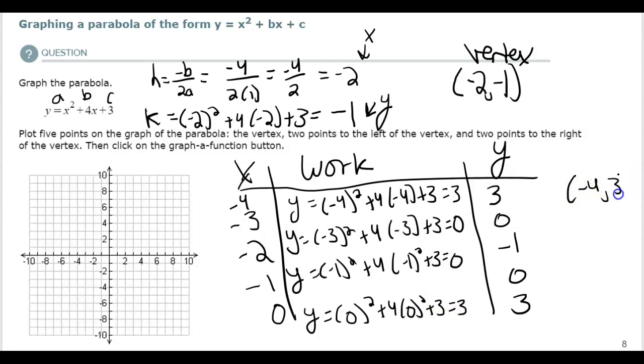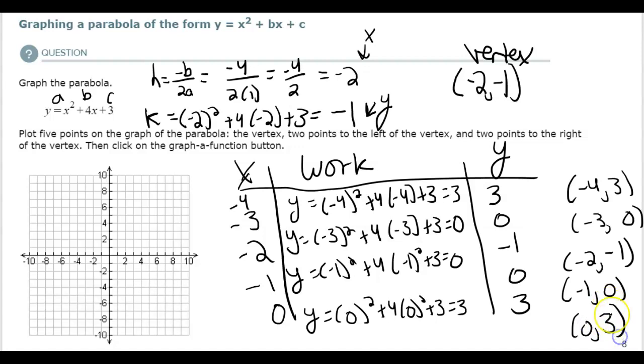So I'd have these points. And I can go ahead and plot these. And it would look something like this.